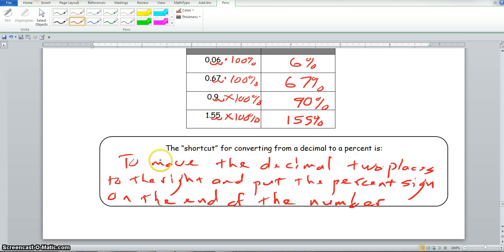So the shortcut is to move the decimal 2 places to the right and put the percent sign on the end of the number.